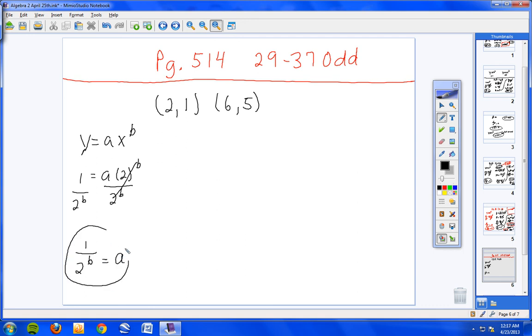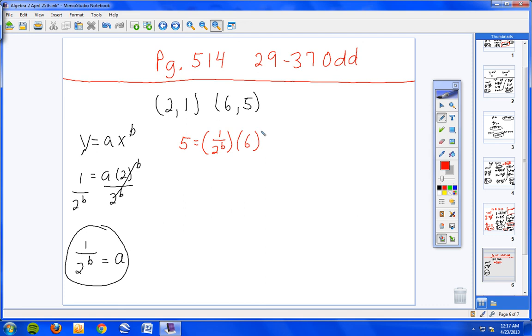That was pretty easy. Now let's come over here and do step 2. Step 2 says you substitute your other ordered pair in, but you also substitute this in for a. So for y, I'm going to put a 5 equals, for a, I'm going to put 1 over 2 to the b. For x, I'm going to substitute 6.